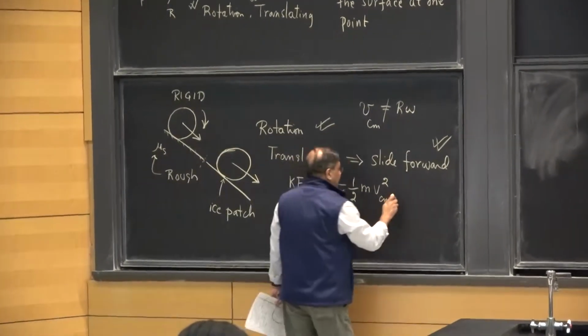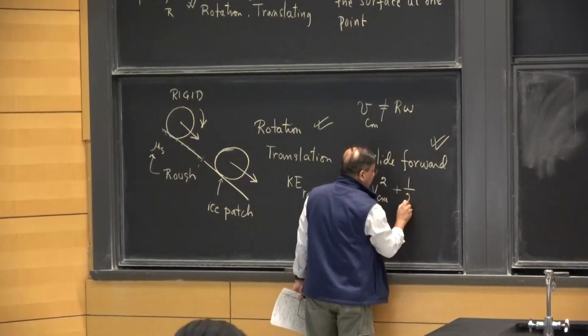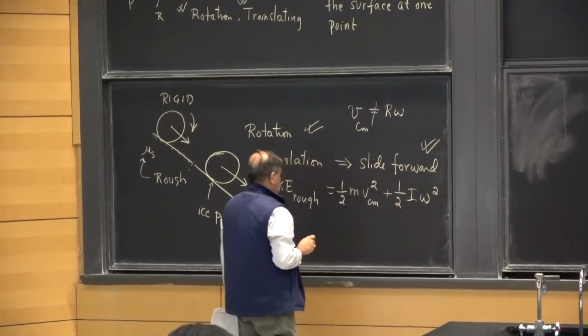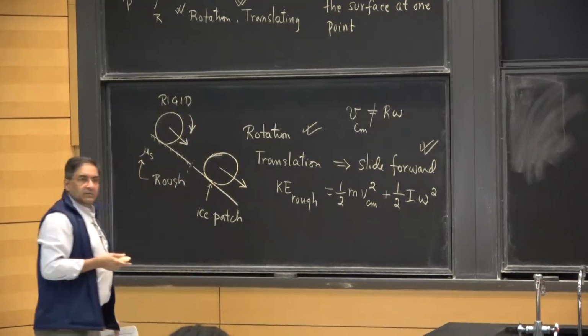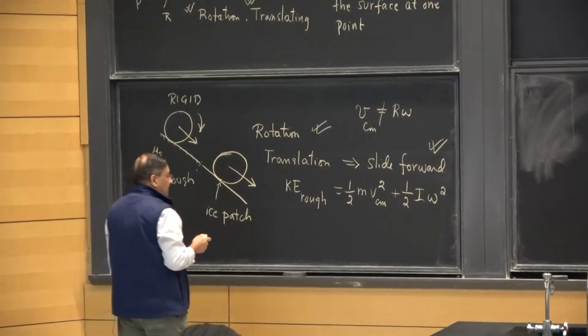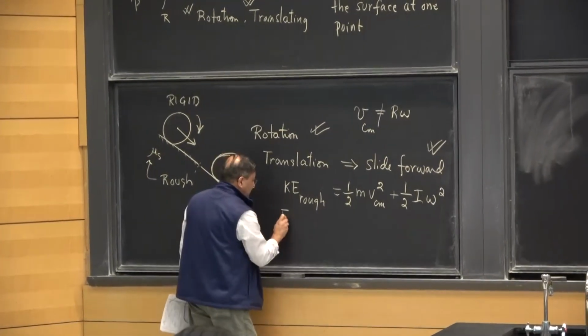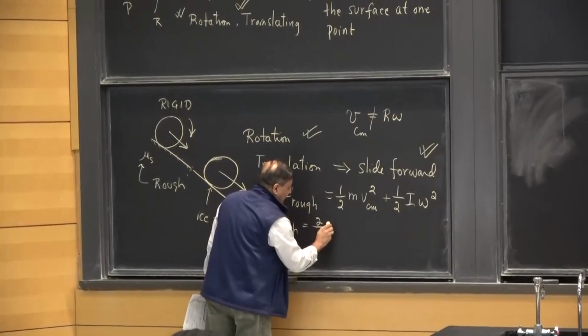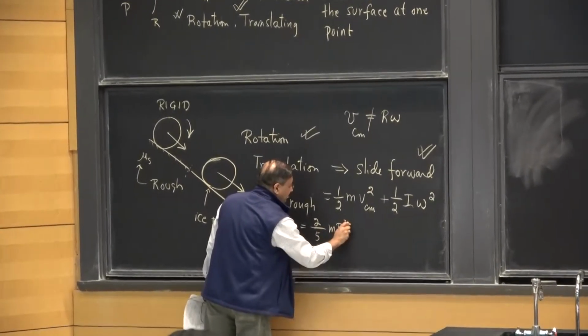And you also have kinetic energy associated with rotation, 1/2 I omega squared. I is the moment of inertia. I told you for a sphere I is 2/5 m r squared.